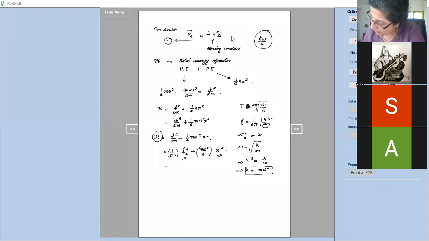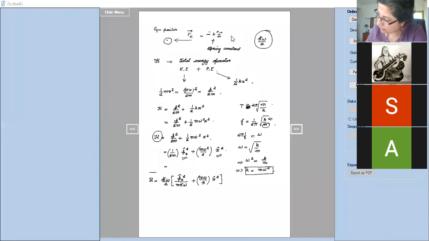So I'm going to write now: the Hamiltonian is equal to h cross omega by 2, and inside I get p x square, which is an operator, over m h cross omega, plus m omega by h cross x square.